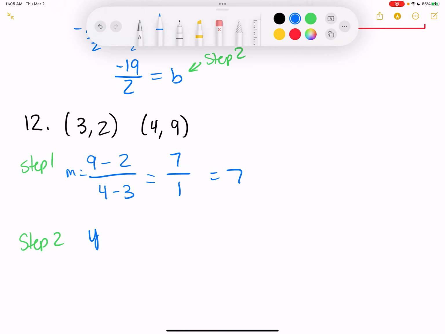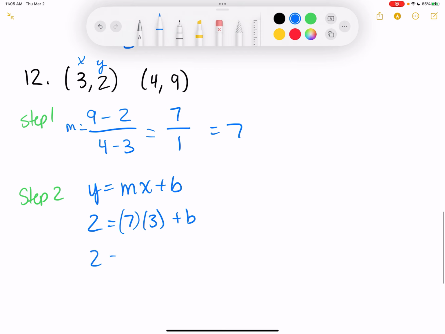So I'm going to write down my equation, y equals mx plus b. Since I'm using this one, I'm going to go ahead and identify x and y. I've identified m here, so now I'm plugging that in. So I have 2 is equal to 7 times x, which is 3, plus b.